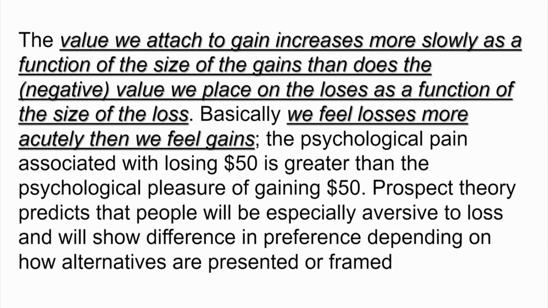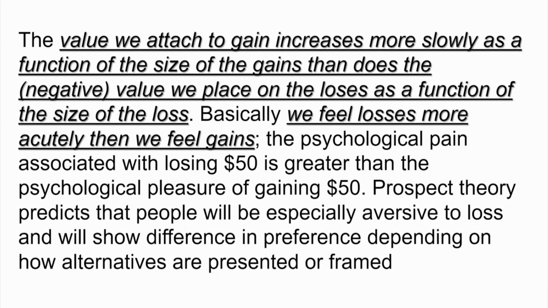So, people will be more or less the same happy when they gain 100 rupees and 50 rupees, but if they lose 5 rupees and 10 rupees, the difference in sadness that they feel will be more, and that is one of the predictions of this particular theory. Now, basically what this theory says is that we feel losses more acutely than we feel gains.